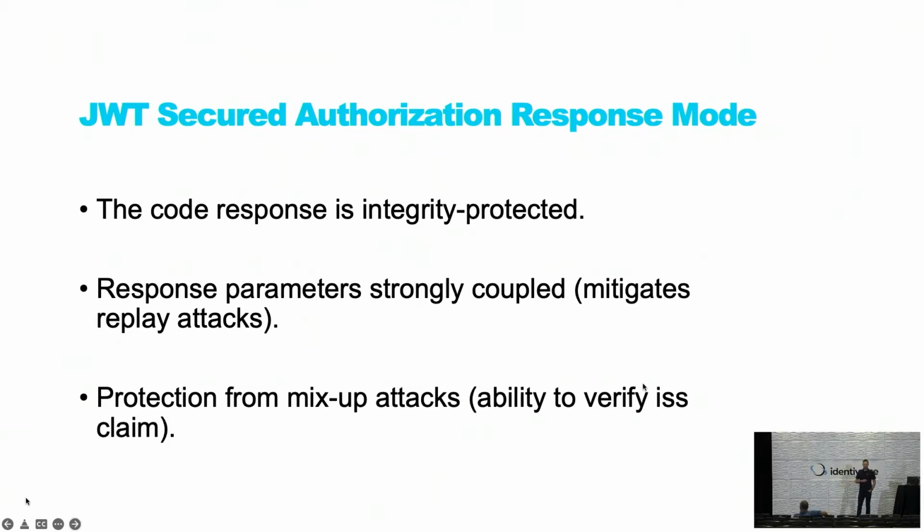So the code response gets integrity protected, mitigates replay attacks, and can protect from mix-up attacks, where there could be an attacker's authorization server that the client is actually talking to without knowing it.